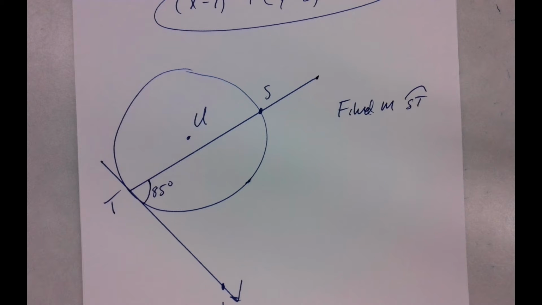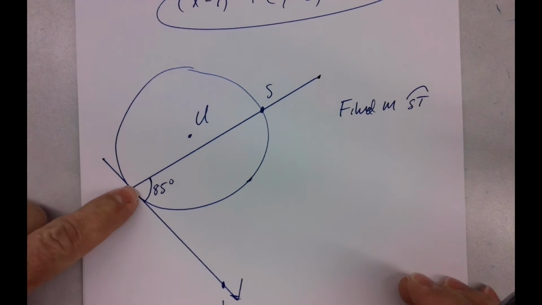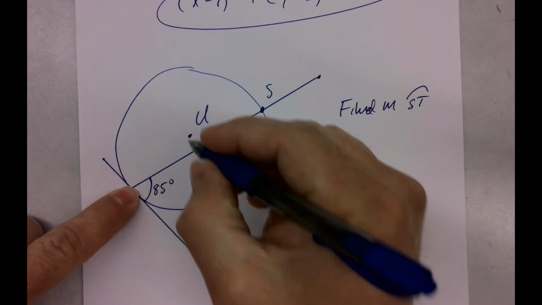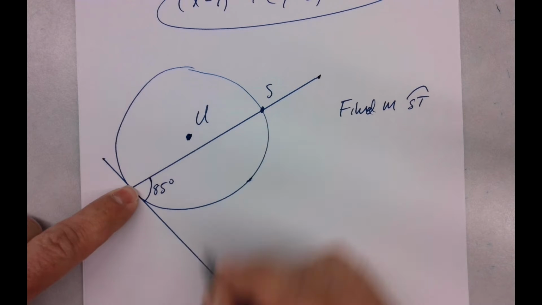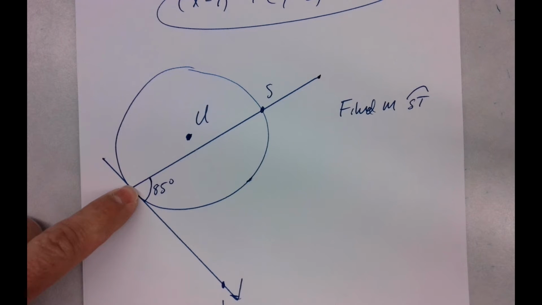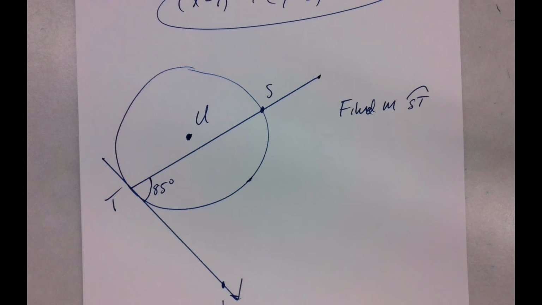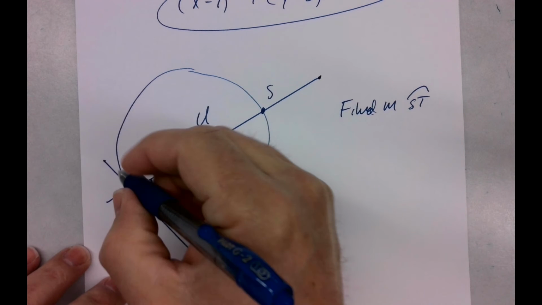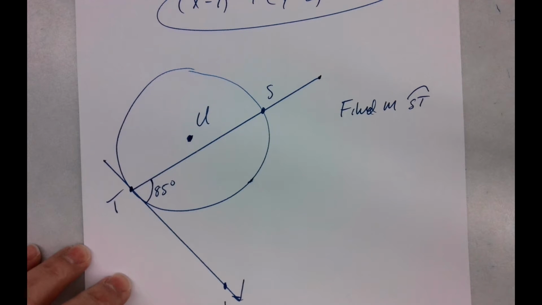Since that's like a 180 line, did you just pick one? Is that a 180 line though? No, because this is the center. Does it pass through the center? No. I want the measure of arc ST right here.